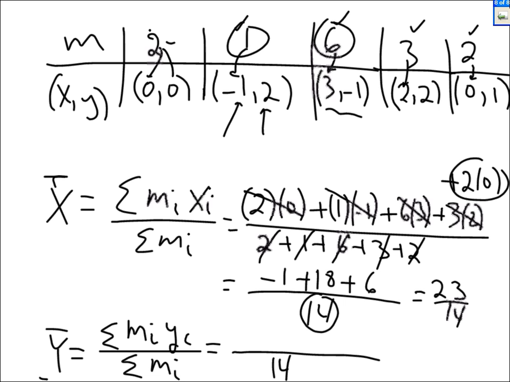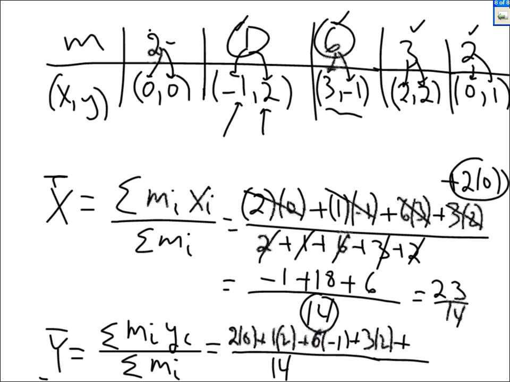I'm going to multiply 2 times 0, plus 1 times 2, plus 6 times negative 1, plus 3 times 2, plus 2 times 1.